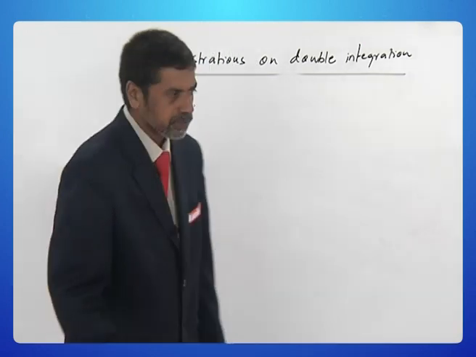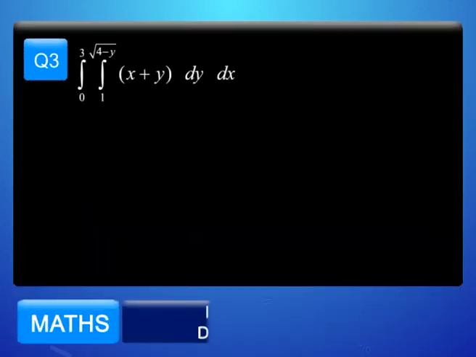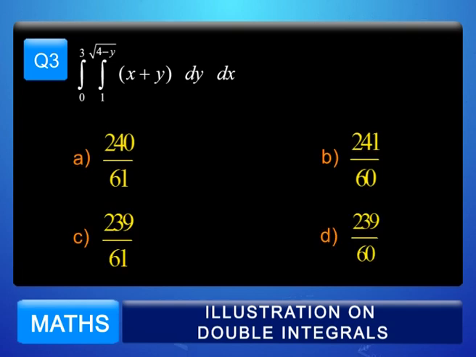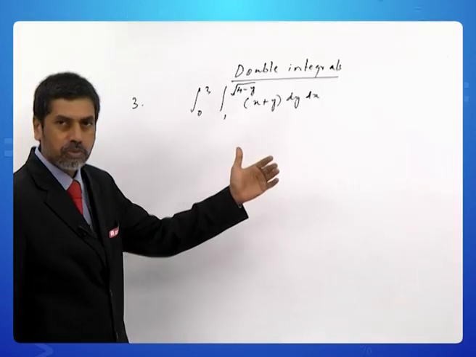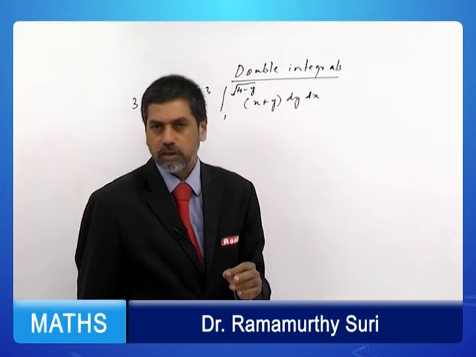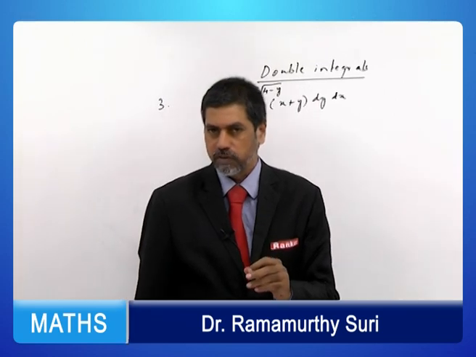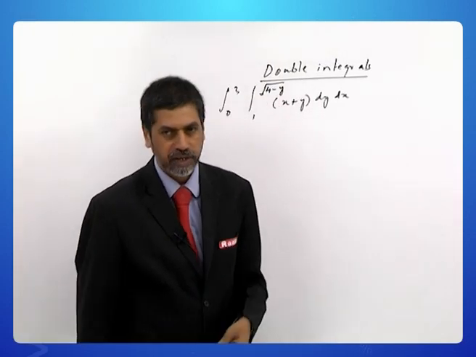The problem is integral 0 to 3, integral 1 to square root of 4 minus y, x plus y dx dy. It's a plain evaluation problem, but the difficulty many students face is the basics of integration itself.